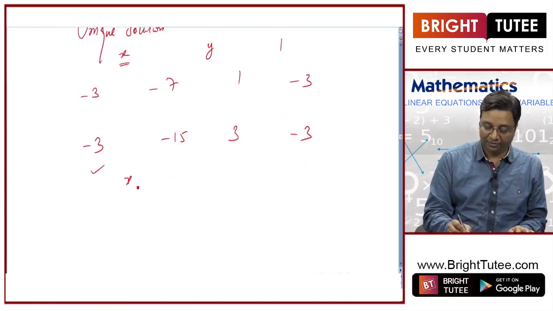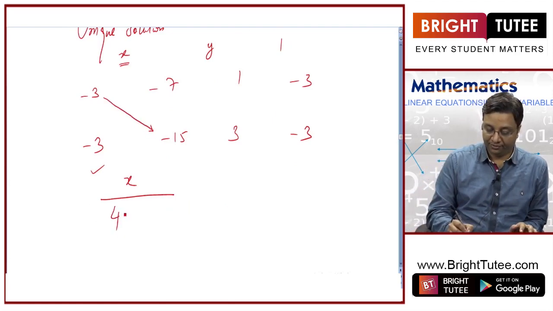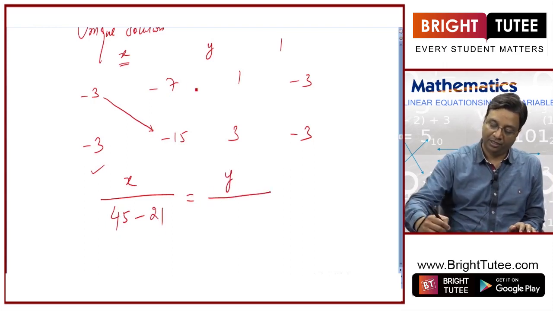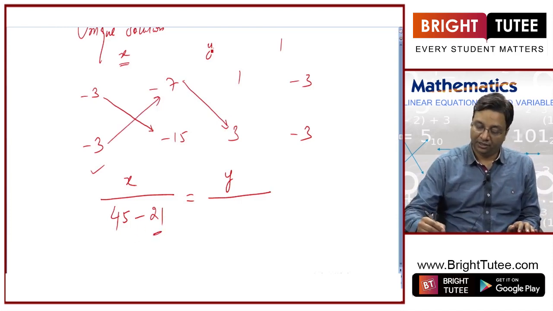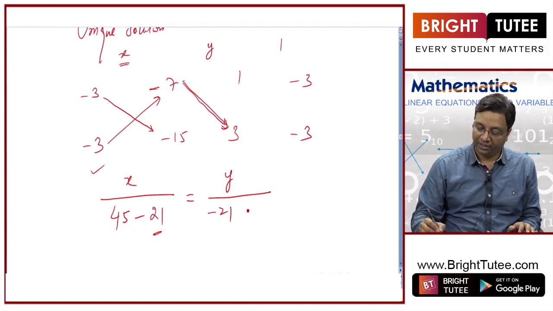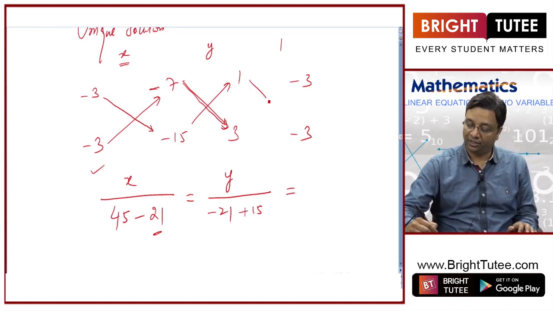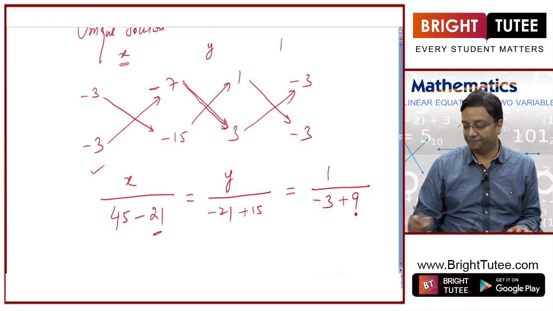So below x we will have minus 3 into minus 15, 45, minus 3 into minus 7, 21, and it is equal to y divided by minus 7 into 3, 7 is with negative sign, so minus 21 minus of minus 15, that is plus 15, and it is equal to 1 divided by 1 into minus 3 is minus 3, then minus of minus 9 is plus 9.